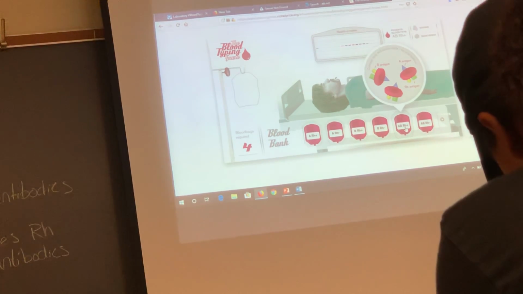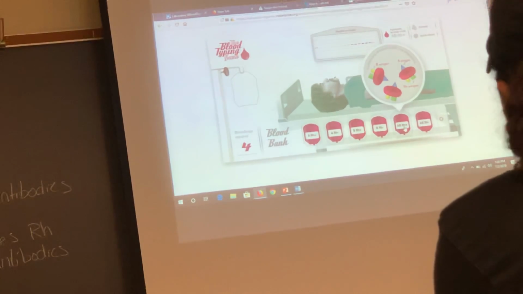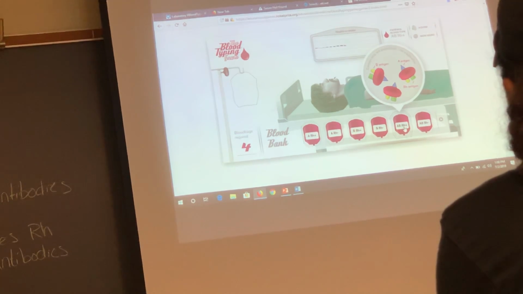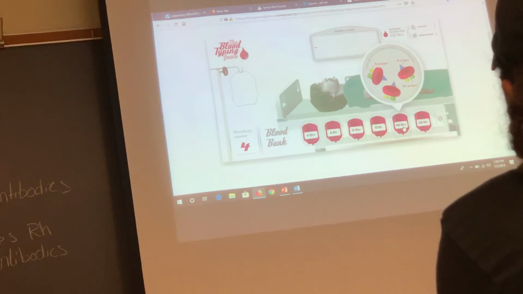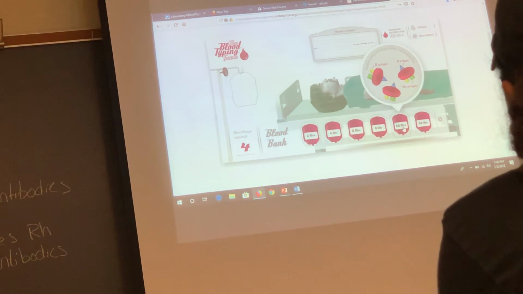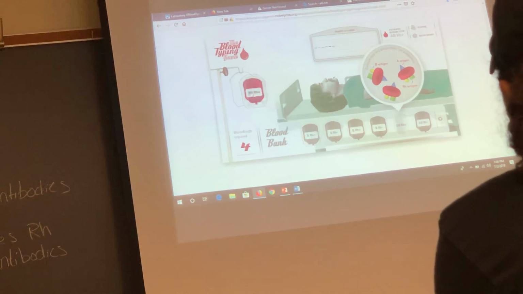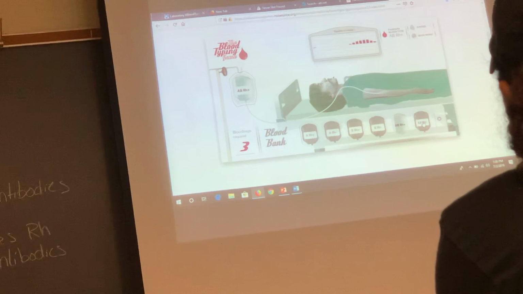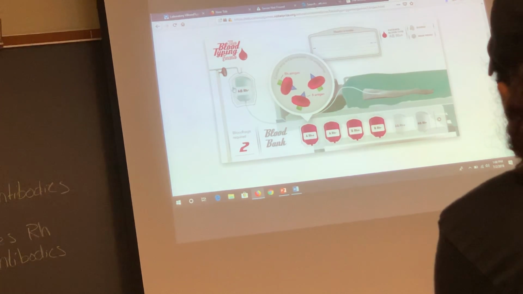We really could give them any of these, because it's got the A antigen, it's got the B antigen, it doesn't make any antibodies against A or B. It has the RH antigen, it doesn't make antibodies against it, so it can take on any of the blood types. So AB positive, AB negative, A positive, A negative, B positive, B negative, O positive, O negative. Any.